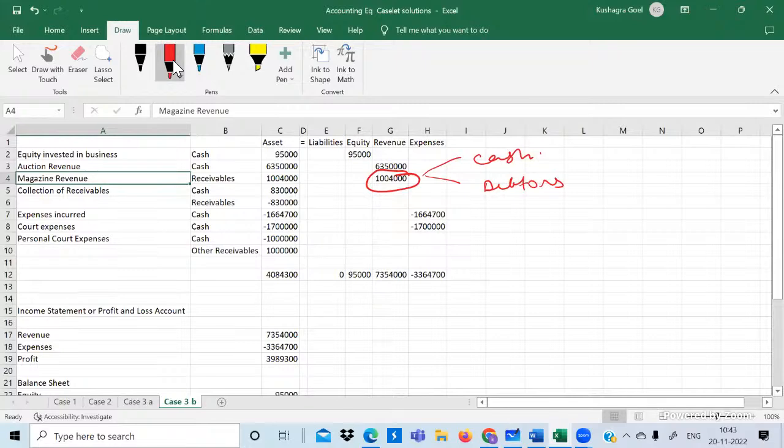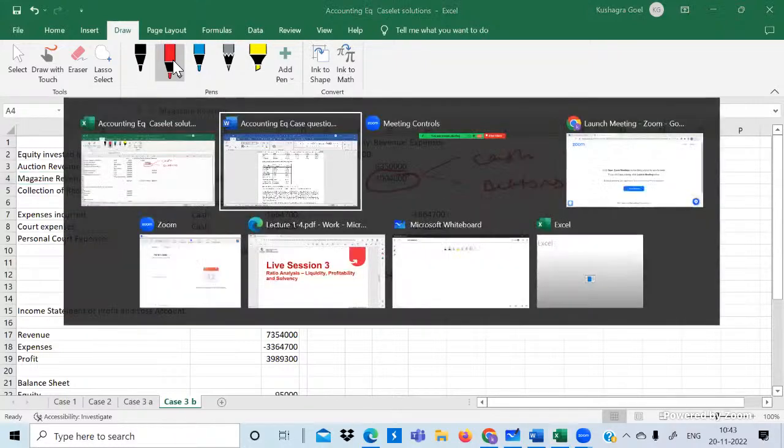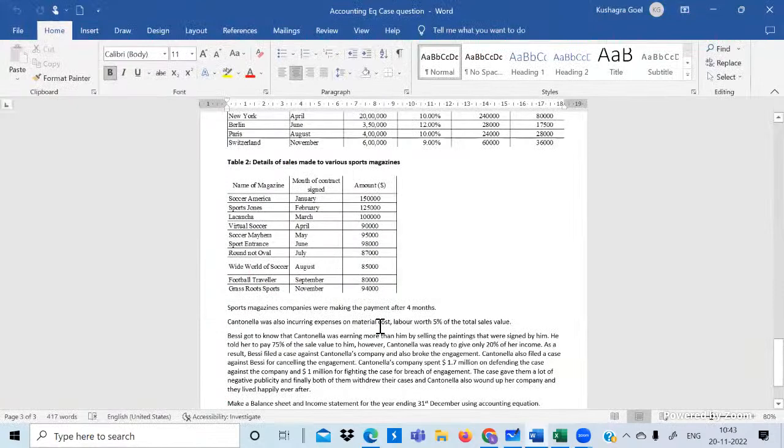Now, what is received in cash? They're saying payment would be made after 4 months. So if I look at this table number 2, have I received the revenue for the month of November? Because I'm doing my calculations as of 31st December. Have I received this money of 94,000?